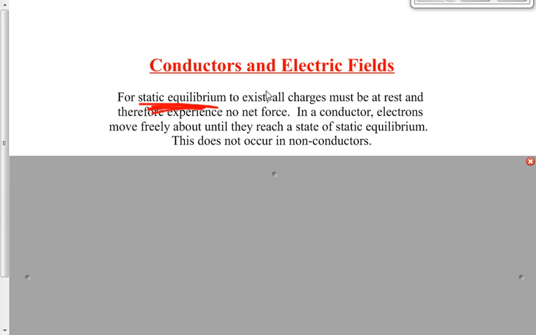Now, when you have a conductor and you have excess charges on it, say 1,000,000 protons but 1,000,003 electrons, you've got a few extra electrons, then those charges are going to repel each other. Those extra electrons are going to push each other apart. They're going to move all over that conductor until it reaches a point when those charges experience balanced forces.